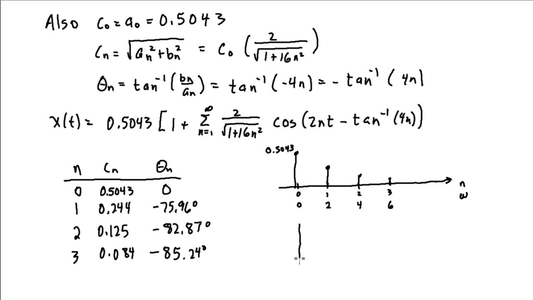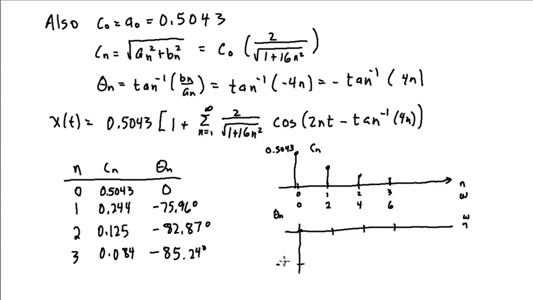The amplitude spectrum. So this is a plot of my Cn versus frequency. So this tells me the amplitudes. I can read off the amplitudes from this graph of each of the frequency components that make up x of t, and similarly from the phase spectra. This is a graph of theta n. At n equal to 0, it's 0. Again, I'll have n and omega just as above, so I'll just line these up.